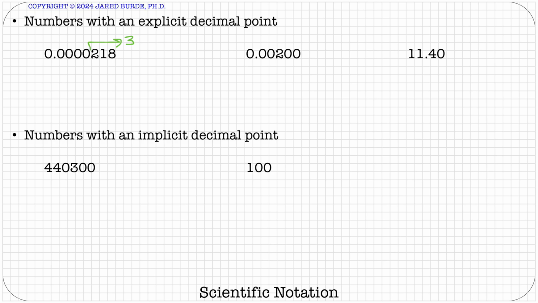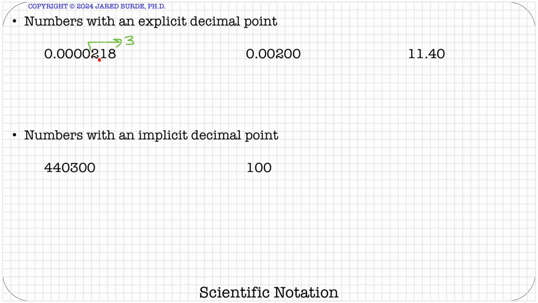Then we said we want to move the decimal place just beside the farthest left non-zero digit. So I look at my significant figures here. This is the non-zero number that's farthest to the left, and so I want to end up with my decimal point just beside that, so that here I have a number that is between 1 and 10.